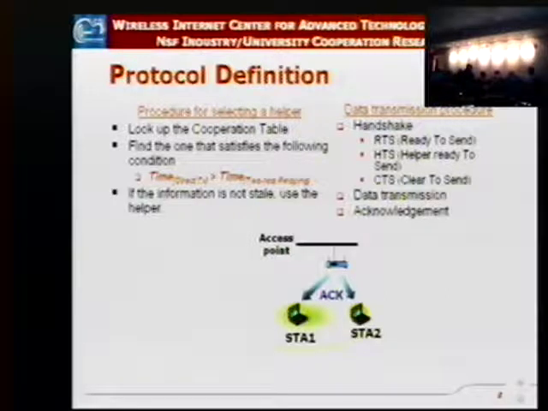In the version without control packet, you send a packet to the helper, and you don't hear the answer from the access point. You don't know if the helper really wants to help. Even if the helper wants to help, he can lose the packet in the second hop. So in this case, what is the sender going to do? Transmit directly or wait for help to transmit?